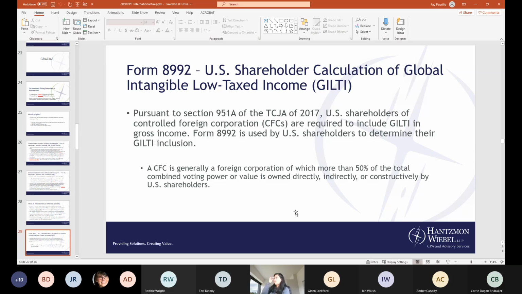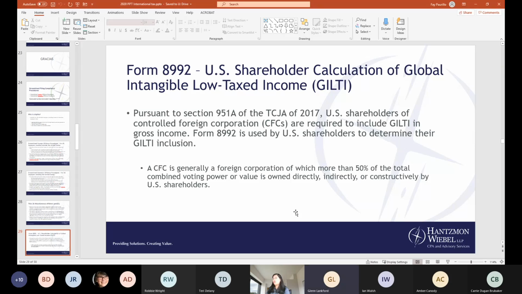So what is a CFC? It is a foreign corporation, so it's called a controlled foreign corporation, of which more than 50% of the total combined voting power or value is owned directly, indirectly, or constructively by U.S. shareholders.